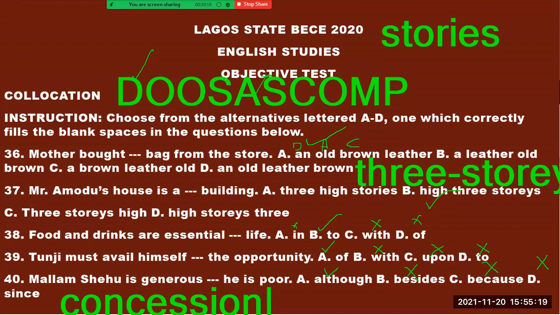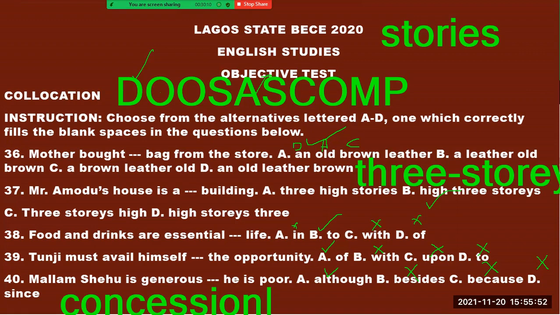The word generous and the word poor are not closely related, because we know people who are rich to be generous, all right? But there is a moral principle being emphasized here. The little Malam Shehu has, out of it, he gives to other people who are needy, which means he shares the little he has with people, which actually makes him a unique, generous man.